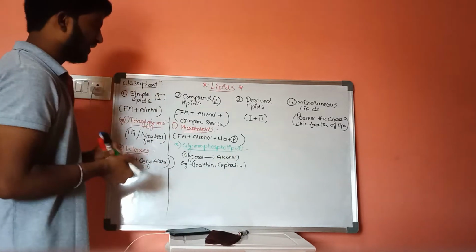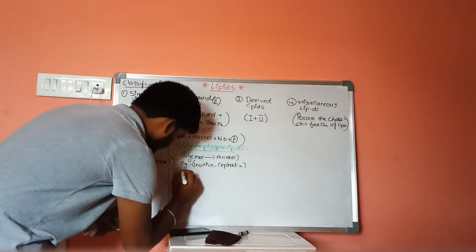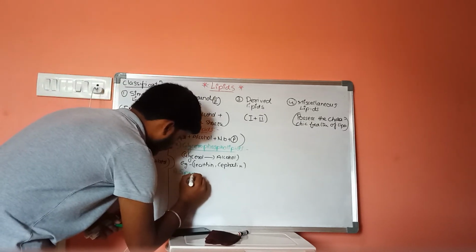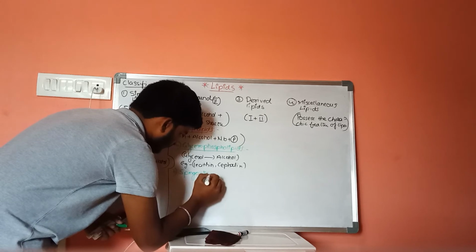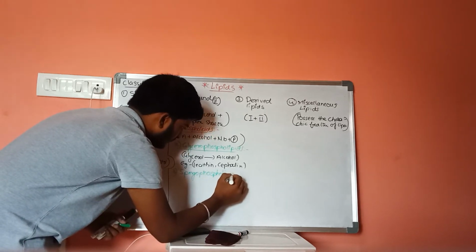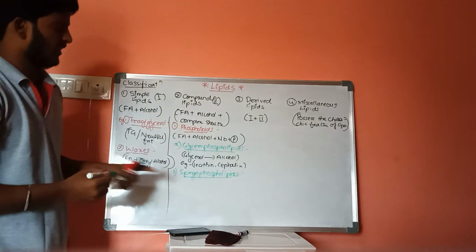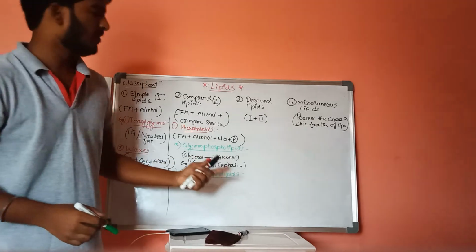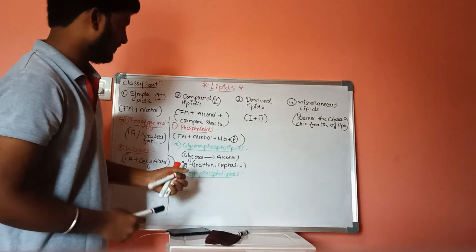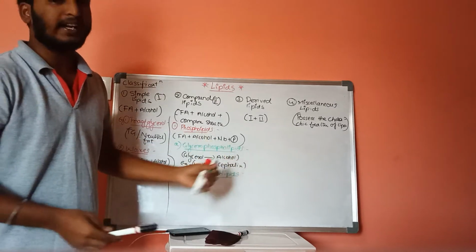The second one is sphingophospholipids. In this type, sphingosine is a special structure which acts as the alcohol.